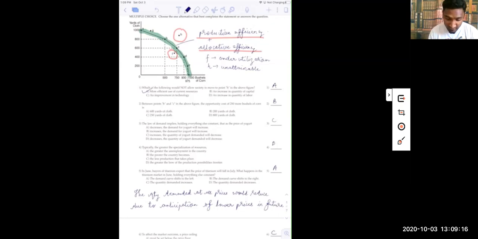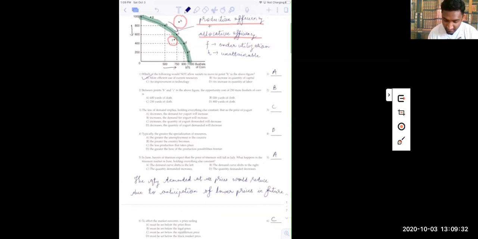While moving from point B to point C, we are producing 250 more bushels of corn, but at the same time, we are also having to give up 200 yards of cloth. So the answer is B, 200 yards of cloth.